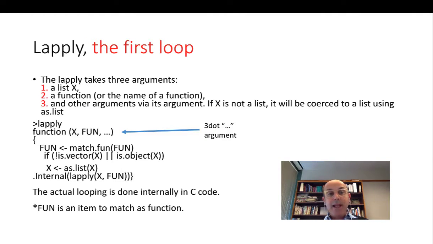In lapply, the first loop, it takes three arguments: a list, a function, and other arguments via its dots. If x is not a list, it will be coerced to a list. So I will call the function x, fun, with the three-dot argument, and in the end fun is an item to match as a function.